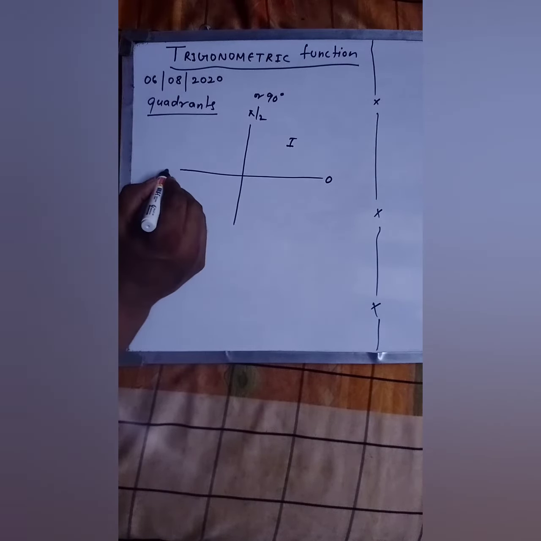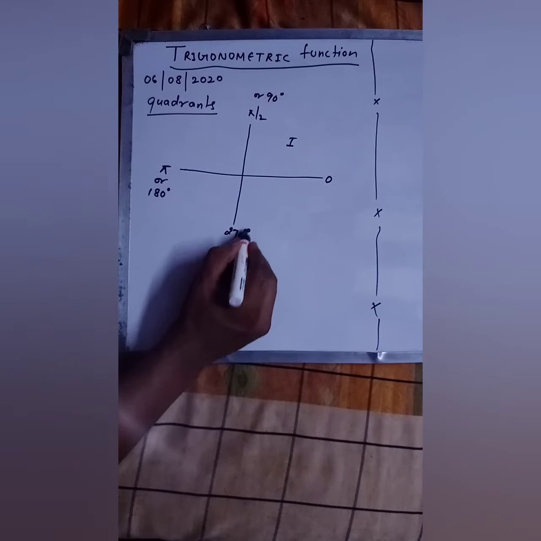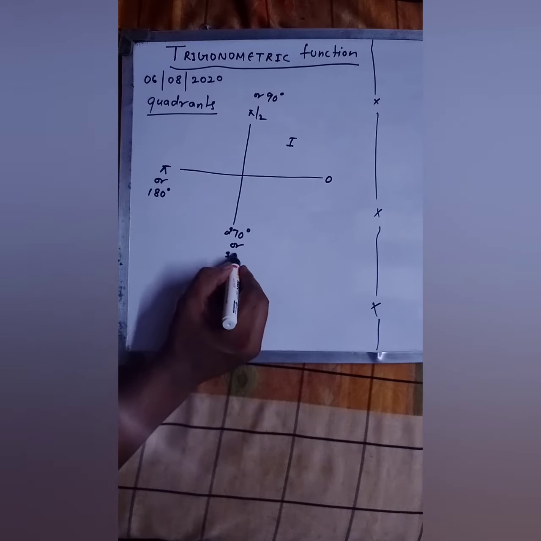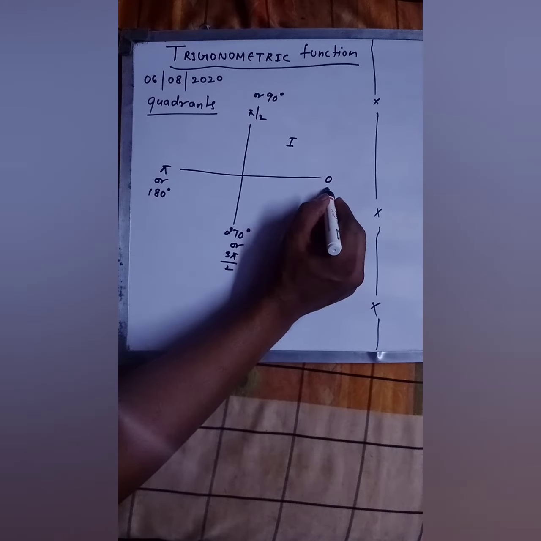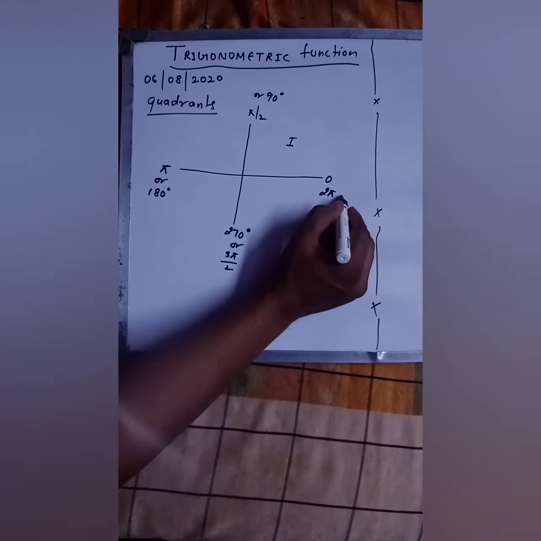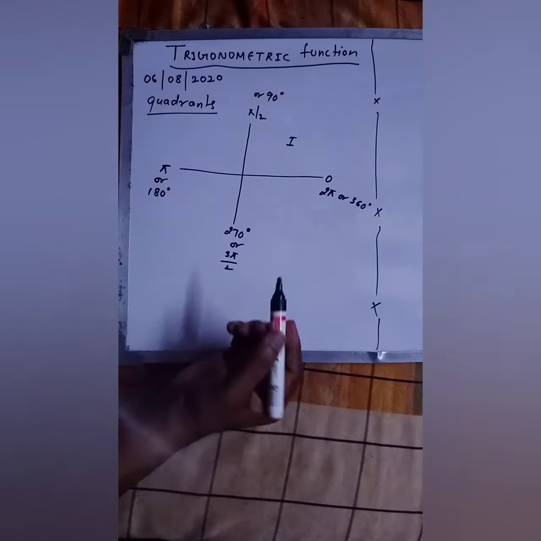Okay, so this is pi or 180 degree, this is 270 degree or 3 pi by 2, and when one round will complete, then this would be 2 pi or 360 degree.